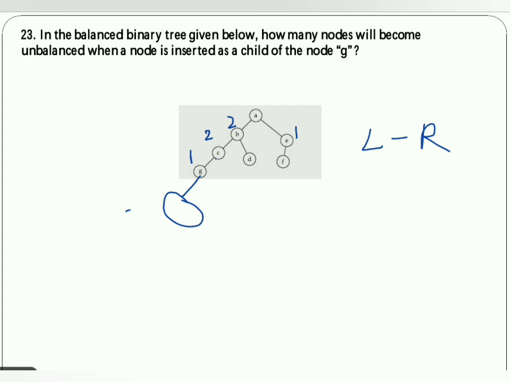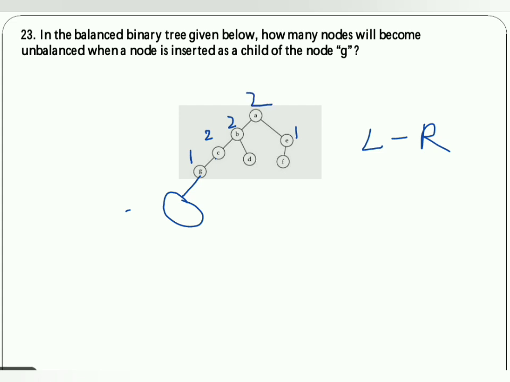Next for A, we have to calculate the balancing factor. On the left hand side there are 3 values and on the right hand side only 1. So 3 minus 1 is 2.